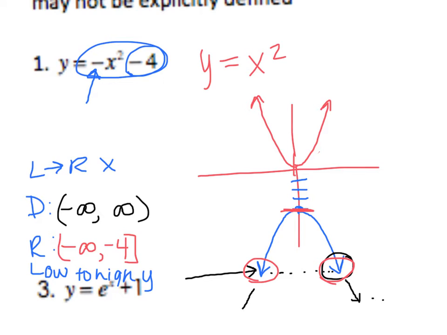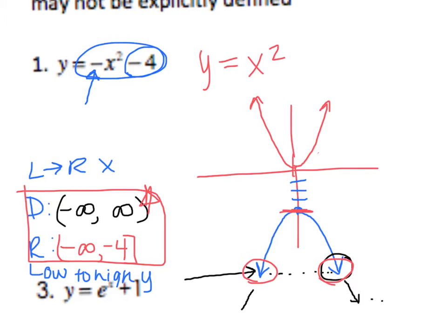And that's it. So your domain is from negative infinity to positive infinity, and your range is from negative infinity to negative 4. And one other note, anytime you have a quadratic, your domain will always be negative infinity to infinity. Always. Range will be different for quadratics, but your domain will always be negative to positive infinity.